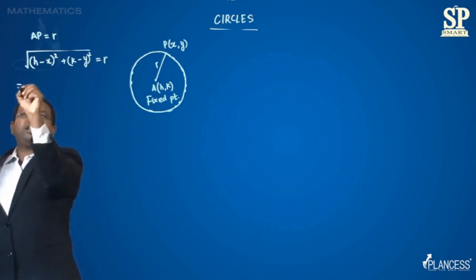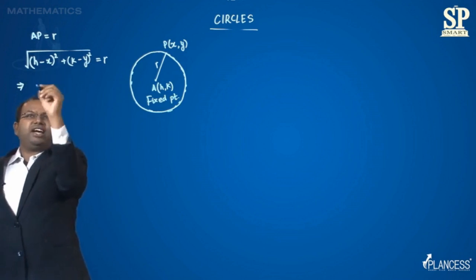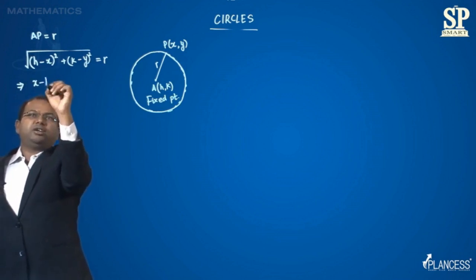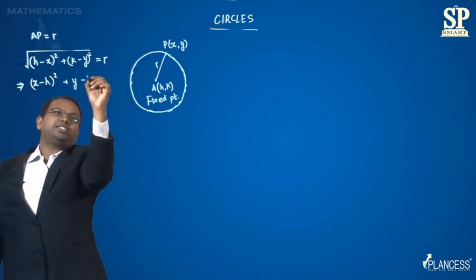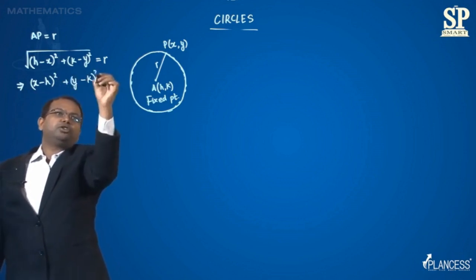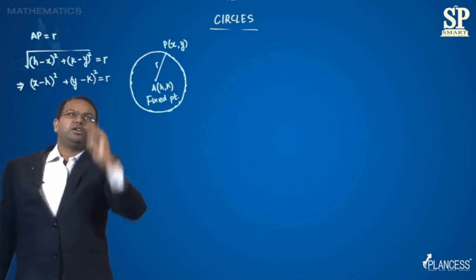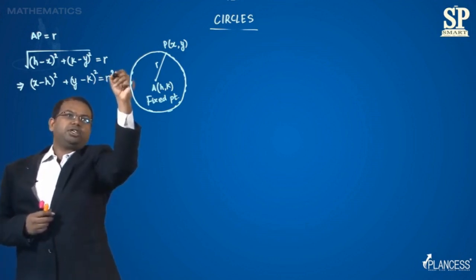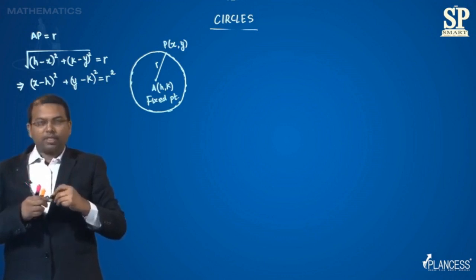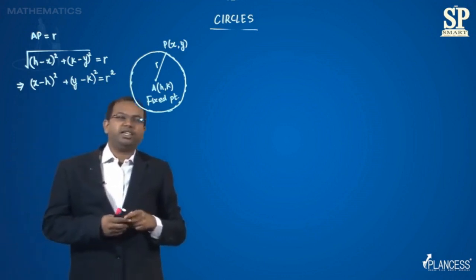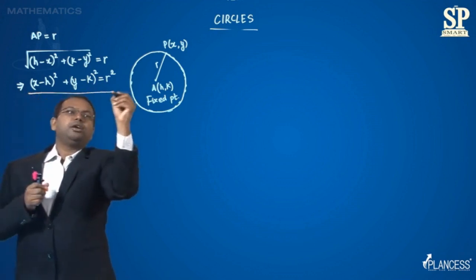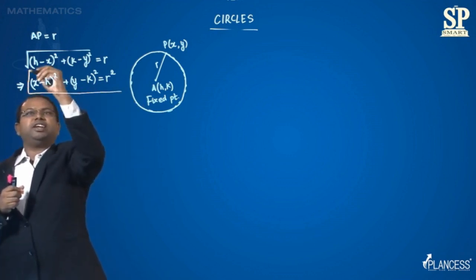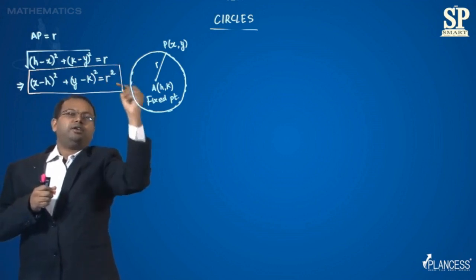Now if we square this, what we have is x minus h whole square plus y minus k whole square equals r square. So this is the equation of a circle which has center at h, k and which has a radius r.